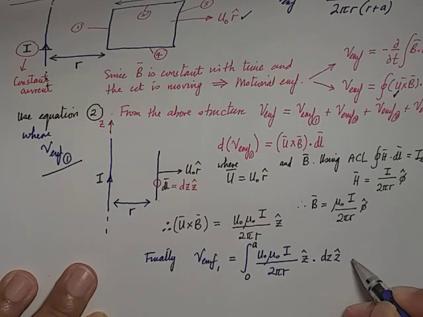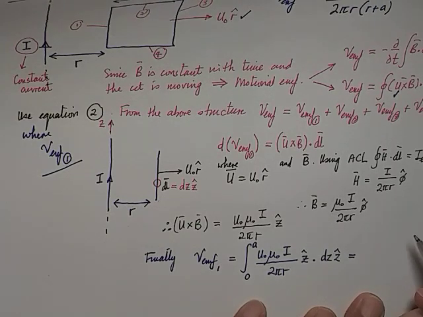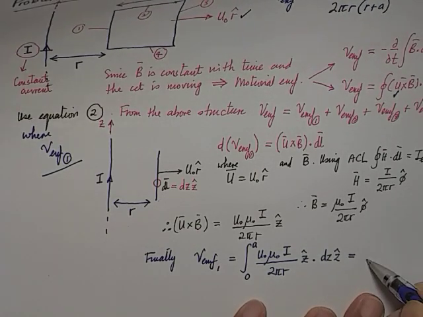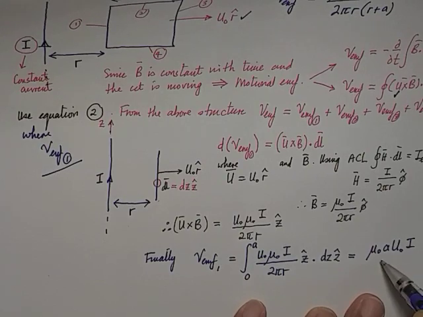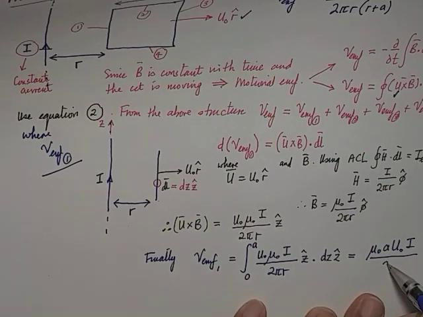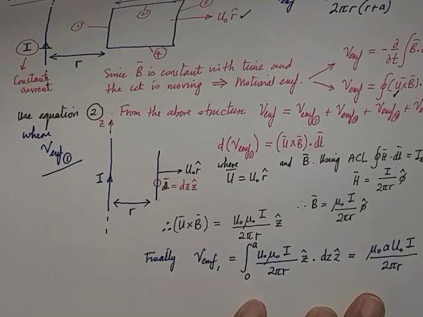So what I'm going to have by doing this integration is, what is it? Yes, mu naught A I over 2 pi r. So that should be our VEMF number 1.